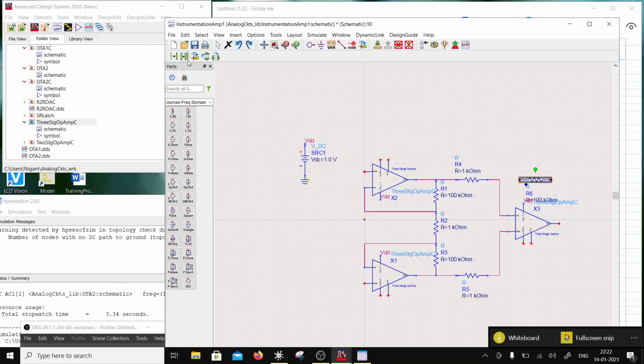One more 100k I'll paste for the common mode input, VCM. So let's put that over here. So this is done. Let me move this text to the top. Next is I'll connect the current sources.